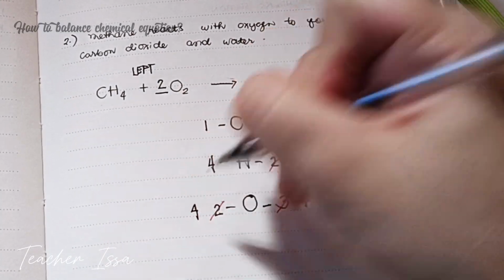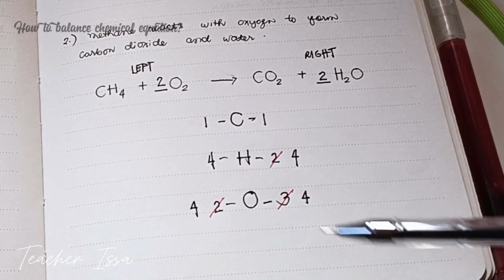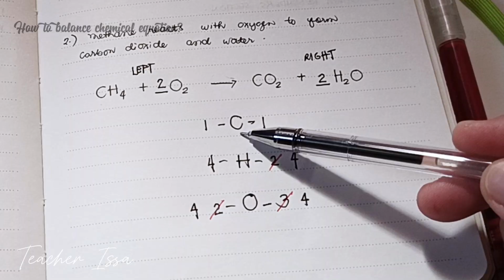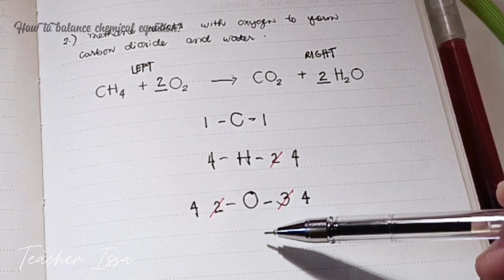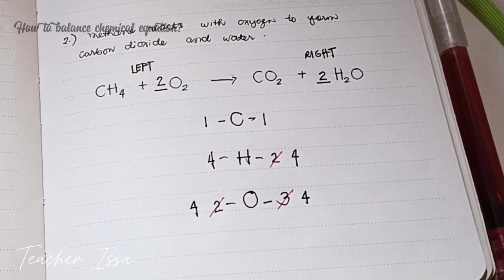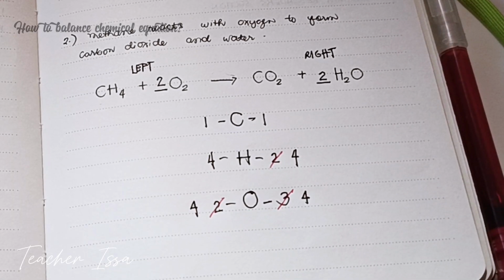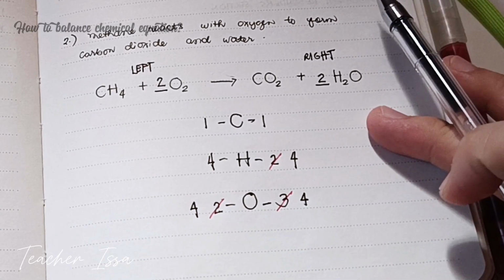On the left side, carbon is 1, hydrogen is 4, oxygen is 4. On the right side, carbon is 1, hydrogen is 4, oxygen is 4. Therefore, it is balanced. Notice the pattern. Carbon first, hydrogen next, oxygen last.